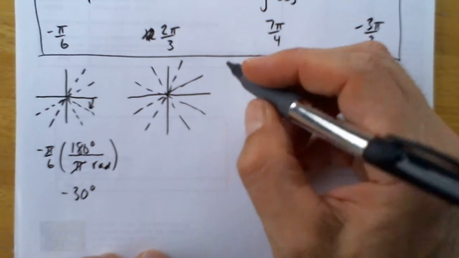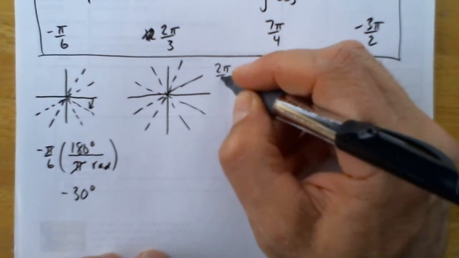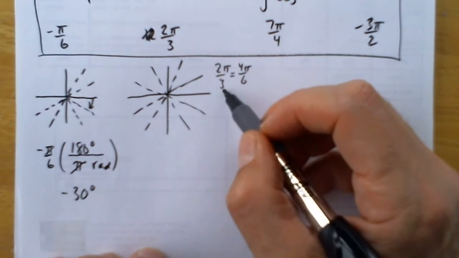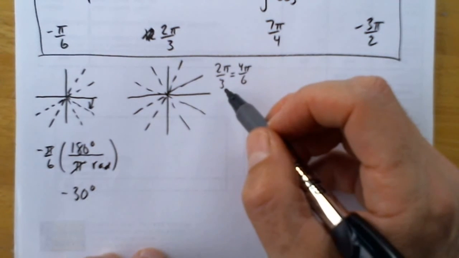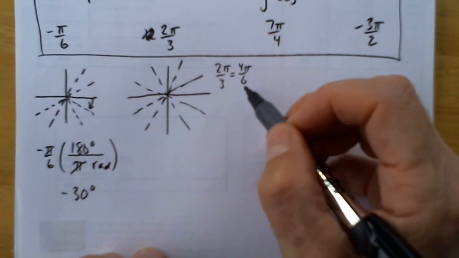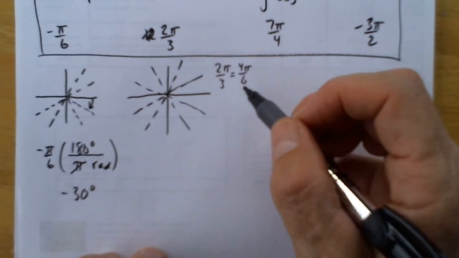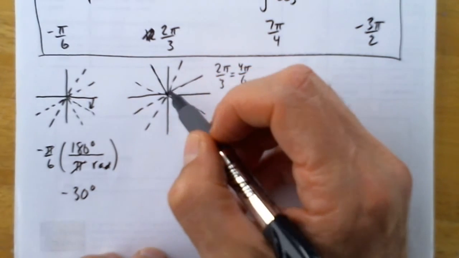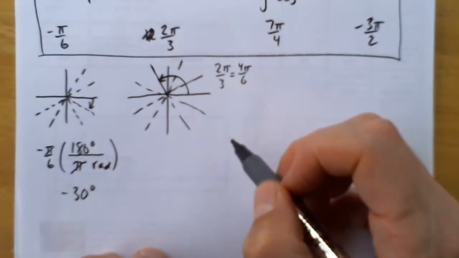Two pi over 3 is 4 pi over 6. So when you're trying to graph a multiple of pi over 3, just turn it into a multiple of pi over 6, and then you can count. We need 4 of them, 1, 2, 3, 4, so we know we're going there.